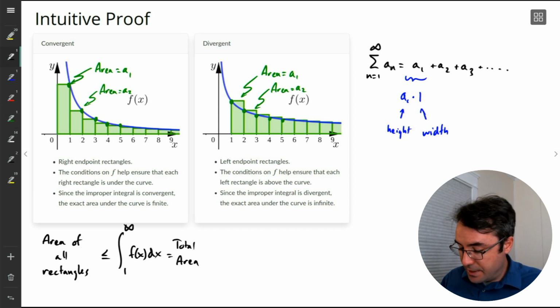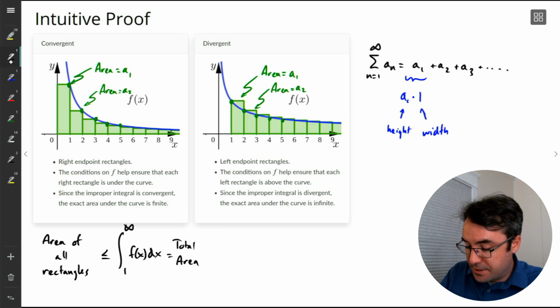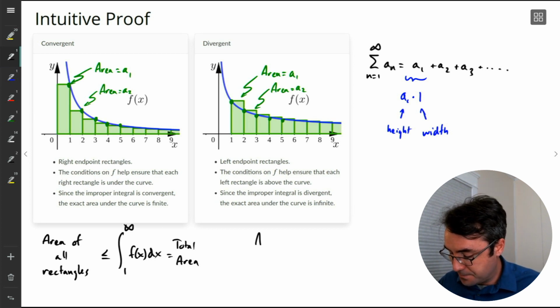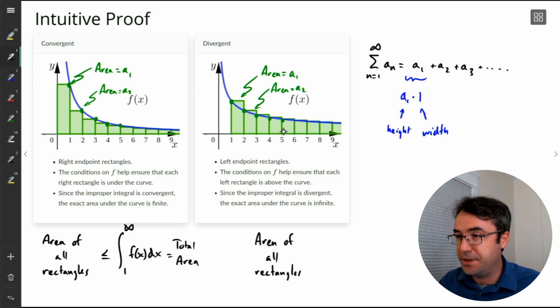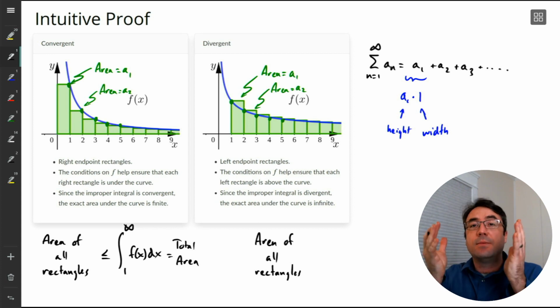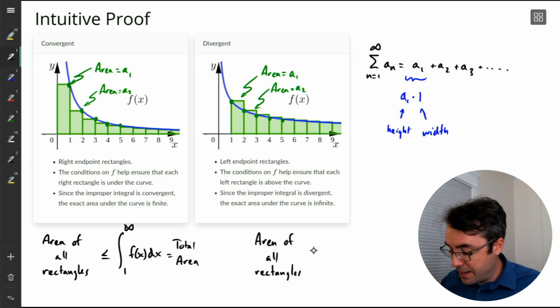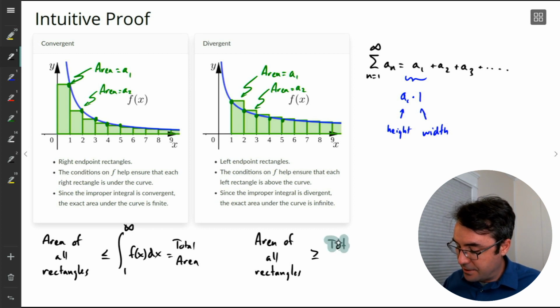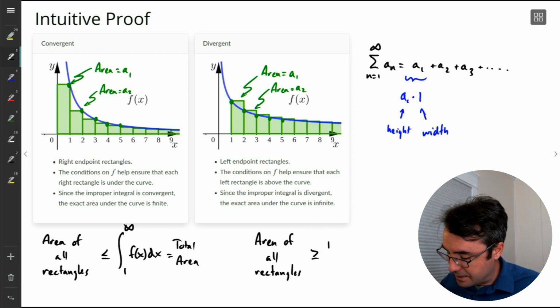And so what's happening here is we expect the area of all of those rectangles added together, if we could add up all of those areas, to be greater than or equal to the total area, the exact area under the curve.